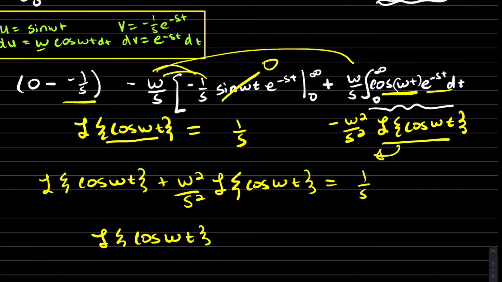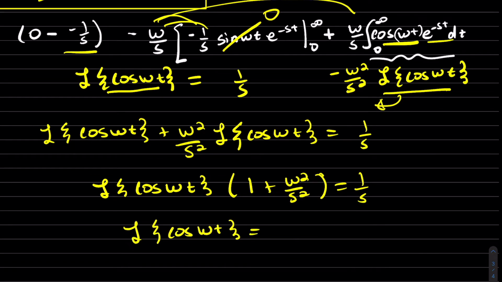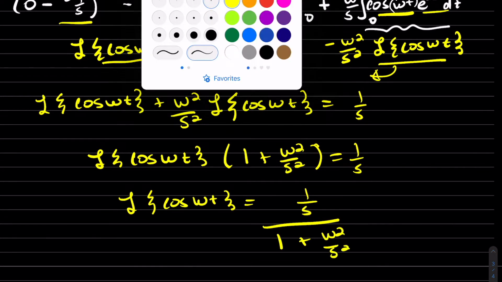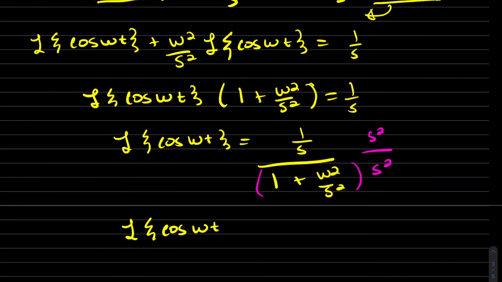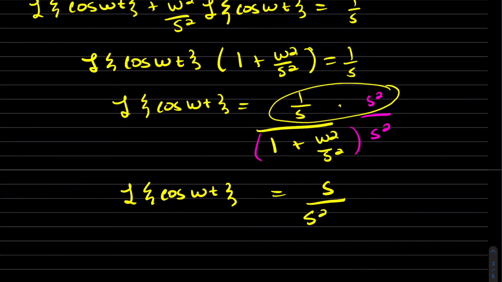And what's left? Simplify that. Clear the fraction here. So this 2 times each other. It's just s on top. Distribute that s squared. And there we have it.